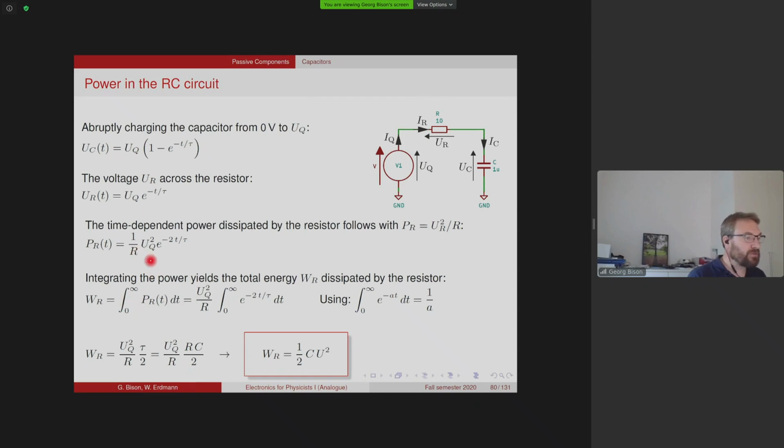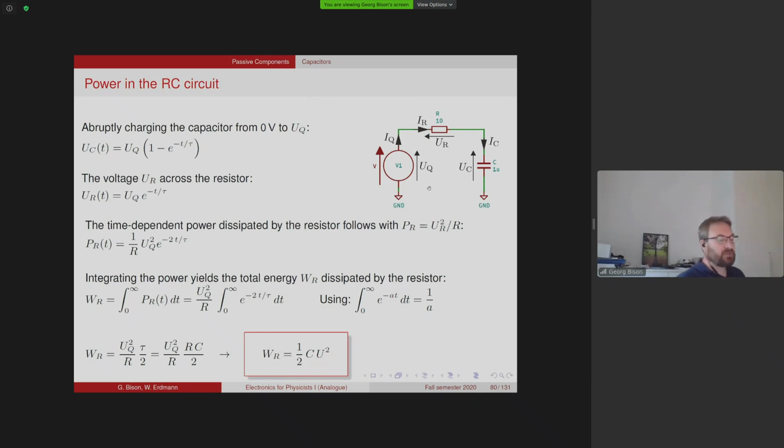Over this quantity, the source voltage and the resistance don't depend on time, so we can pull this in front. And then we see that this is an integral over an exponential function for which this nice identity exists. And so we arrive at this solution. And now we remind ourselves that the time constant tau was R times C. And so this can be simplified, and we find that the total energy that is needed to charge the capacitor is 1/2 C times U squared.